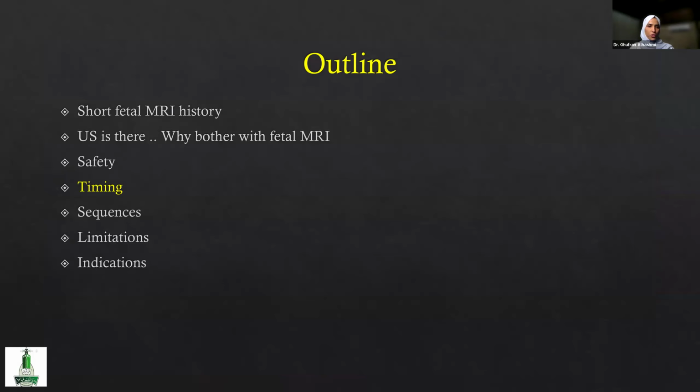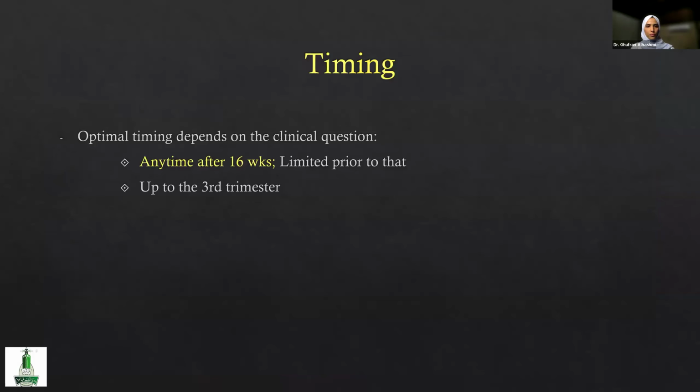So a common question that we get asked is, what is the optimal timing to perform fetal MRI? The optimal timing actually depends on the clinical question to be answered.